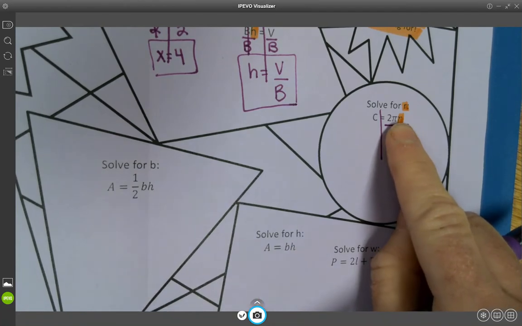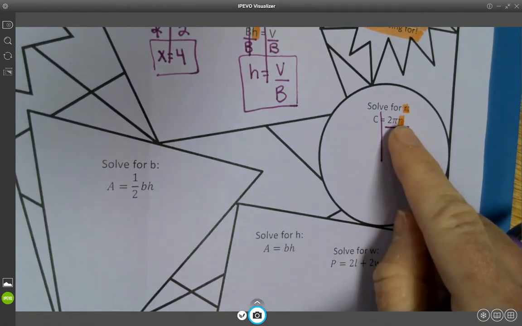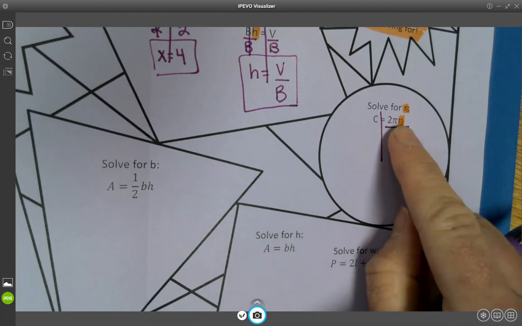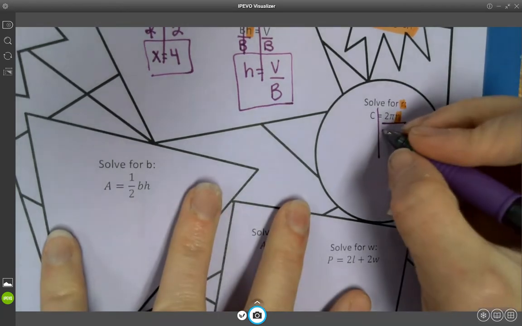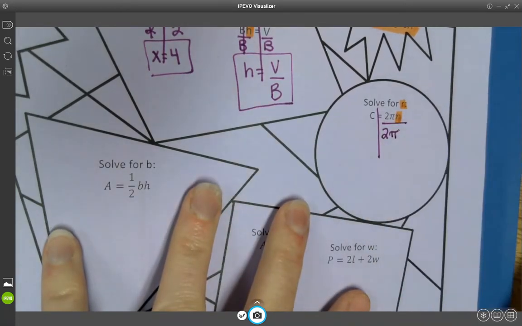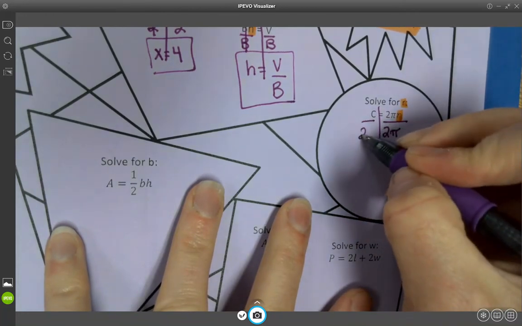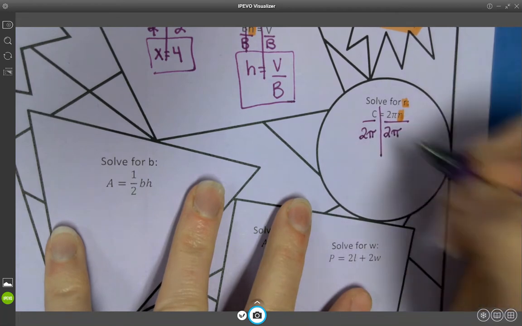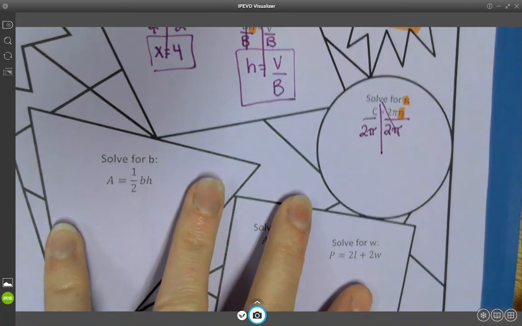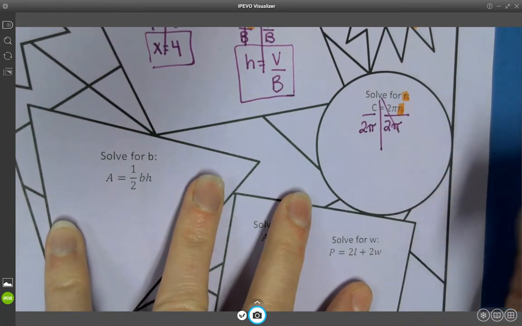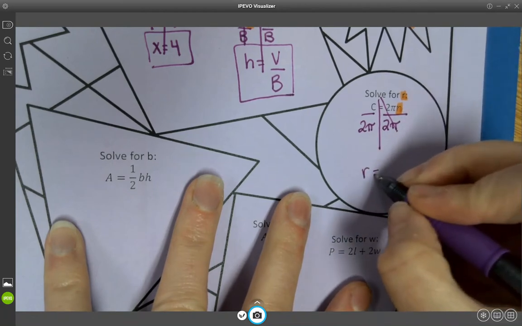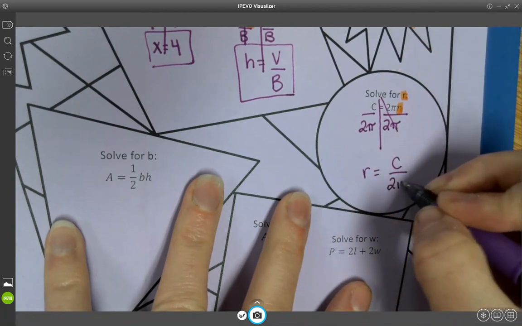We can get rid of both of those at the same time because it's multiplication all the way through. So you can divide by 2 pi. Whatever you do to one side, you have to do to the other. The 2 pi's cancel, and I'm going to rewrite it and put r equals C over 2 pi.